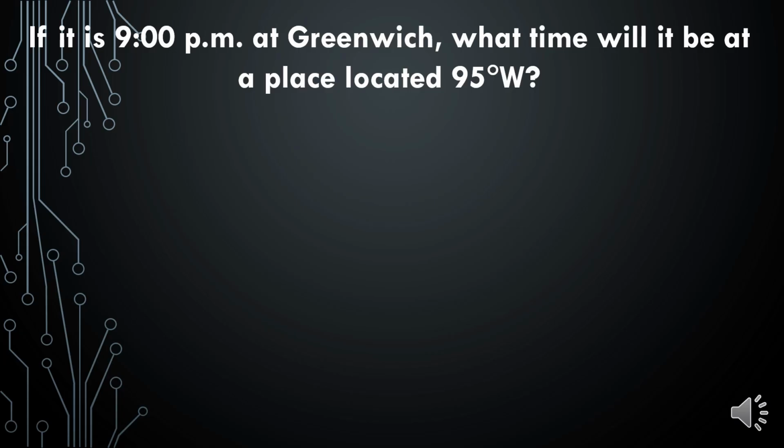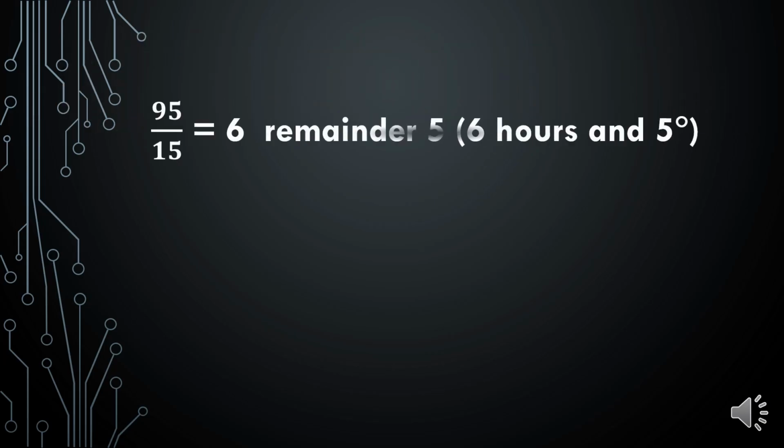Let us examine this question. If it is 9 p.m. at Greenwich, what time will it be at a place located 95 degrees west? So first, we are going to work out our time difference between 95 degrees west and the Greenwich meridian.